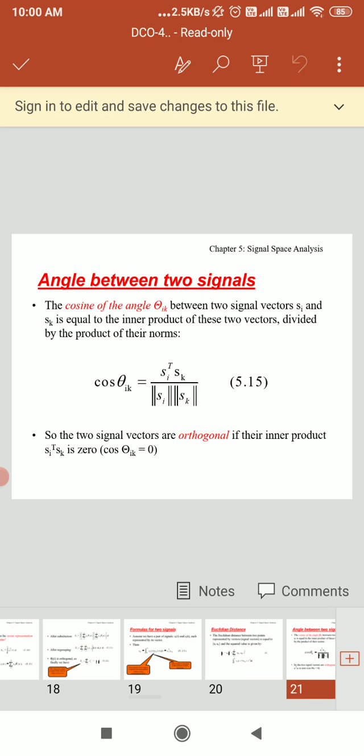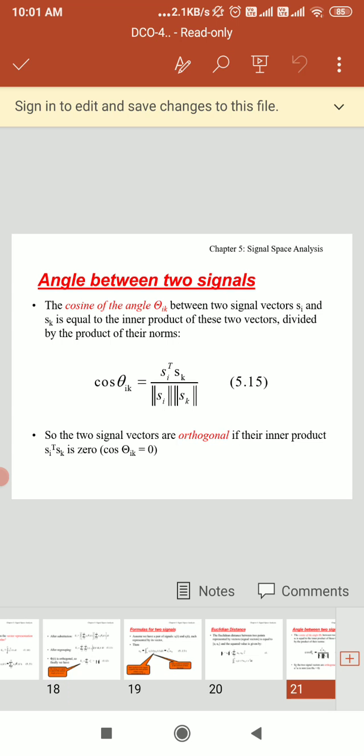Now we are supposed to see the angle between these two signals, Si of t and Sk of t. The cosine of the angle theta ik between the two signals Si and Sk is equal to the inner product of these two vectors divided by the product of their norms.